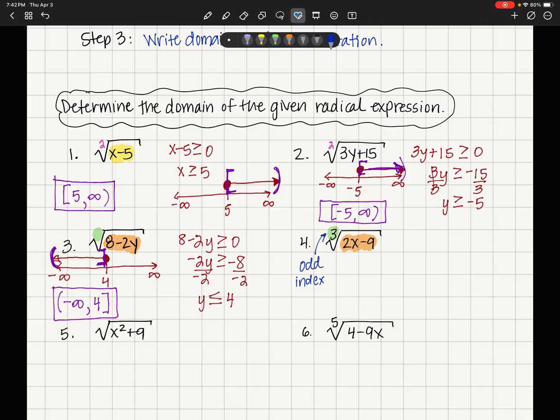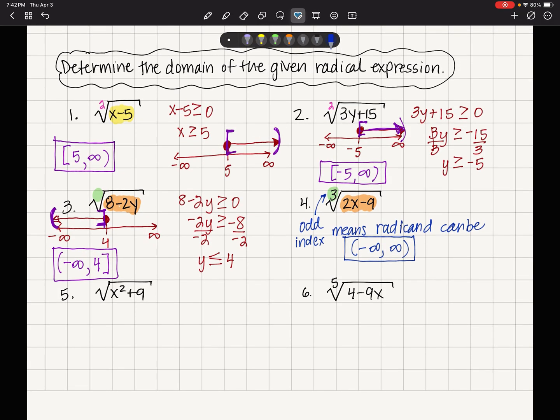An odd index means the radicand can be all real numbers. It can be from negative infinity to positive infinity. Since it can be all real numbers, you can have negative numbers in there, positive numbers, in an odd index, then our solution just goes from negative infinity to positive infinity.